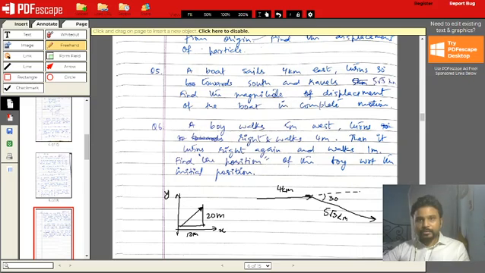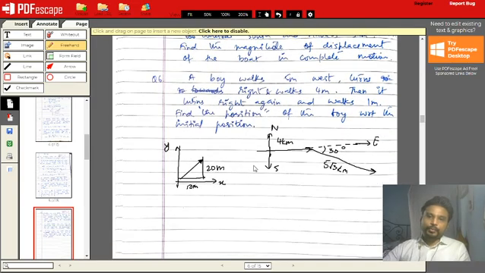The angle is 30 degrees. So that is as it is written here, that it turns 30 degrees in south direction. So if this is east, then we know that this is north and this is south. So after traveling 4 kilometers east, it turned 30 degrees towards south and traveled 5 root 3 kilometers. So we want to eventually calculate this complete displacement.